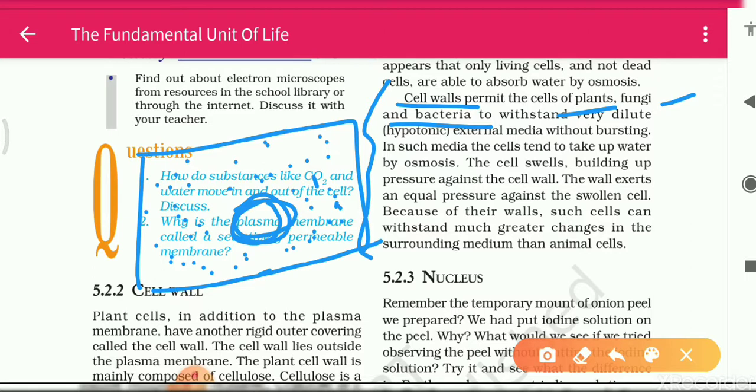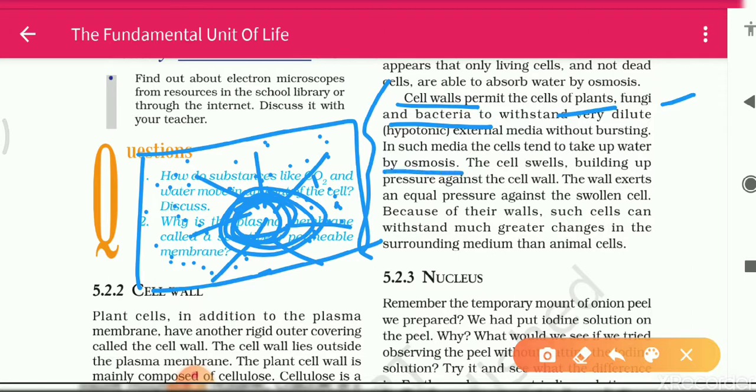Yes, these cells can absorb water with the help of the process of osmosis. Then what happens when these cells absorb water from the surroundings? These cells swell up, that is, the cells become larger in size. The cells swell up due to the absorption of water from the outside by osmosis.